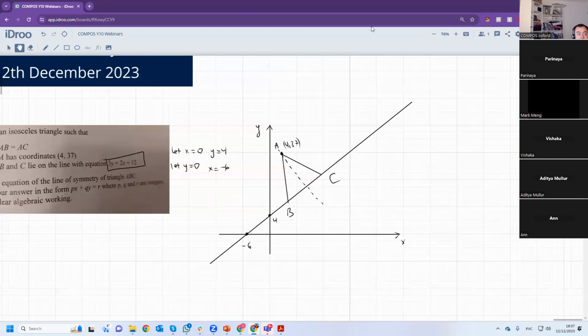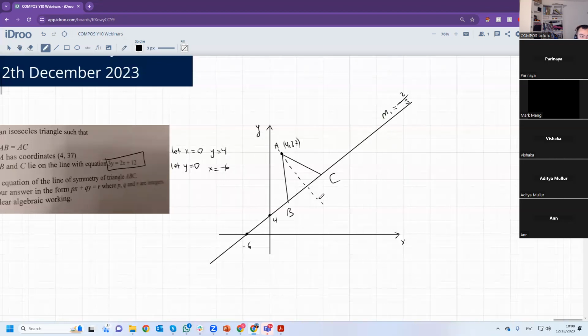It is a perpendicular line. So we can find the gradient. The gradient of this line, m1, is 2/3. Sorry, 2/3, not minus 2/3, of course.